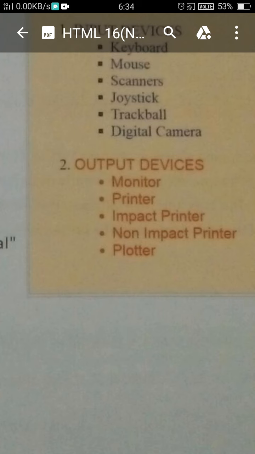In front of 2, here it is monitor, printer, impact printer, non impact printer, and here the UL type is disk, means a list within another list is called nested list.